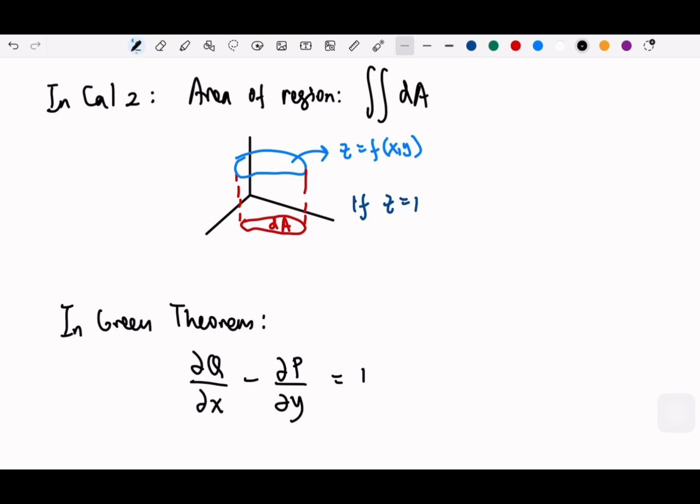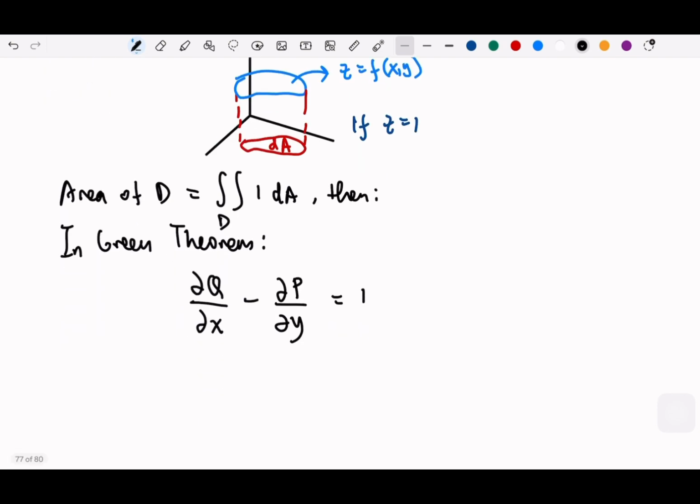Okay, because the area of D is the double integral of 1 dA, right? Then in Green's theorem, we would like to write that these two differences are equal to 1. And by doing this, we have some possibilities for what it will be.